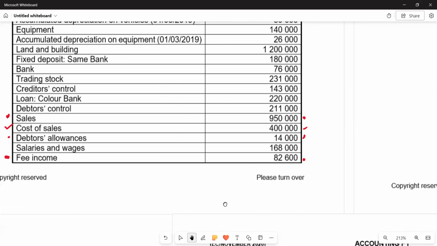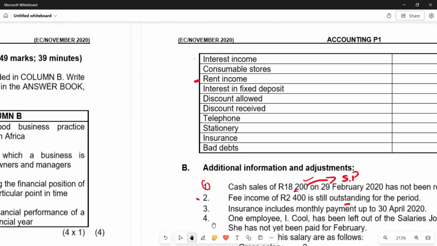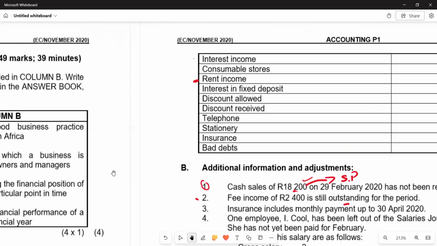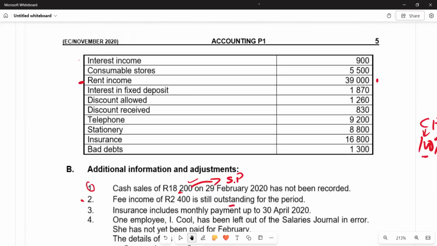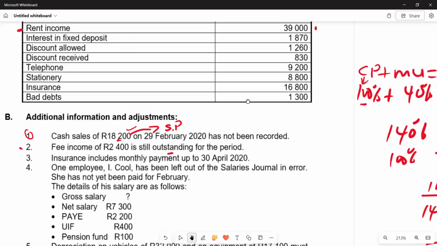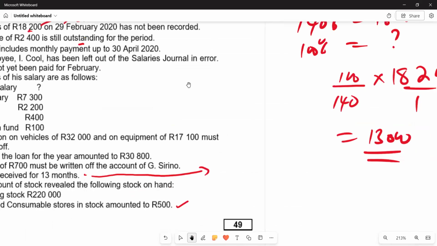Let's just try to see. It's here. It's an amount of 39,000. It represents 13 months. So what we are saying is 39,000, and then we divide by 13. And we see what we get.